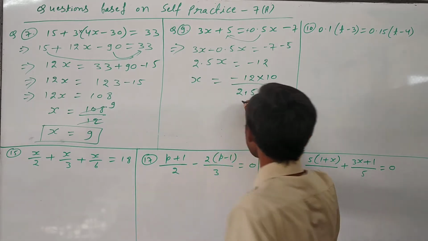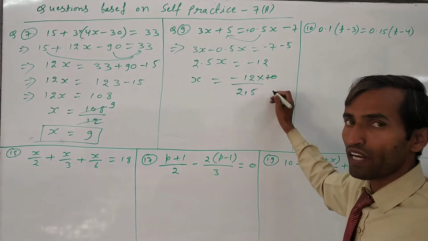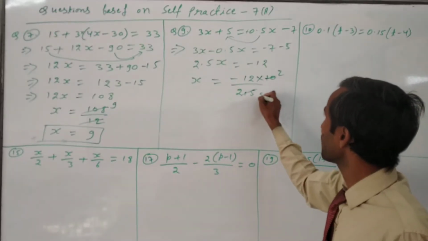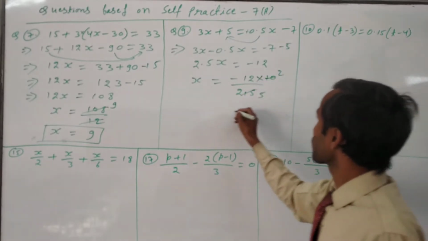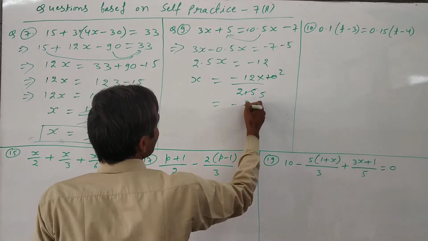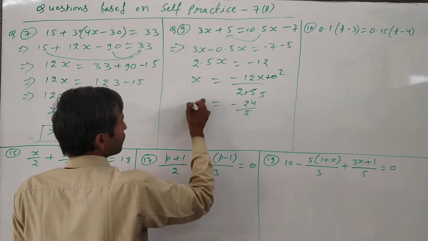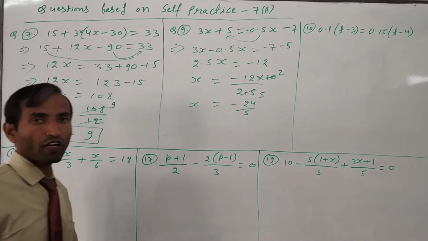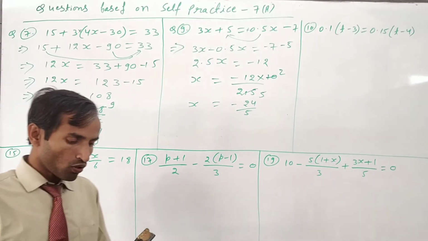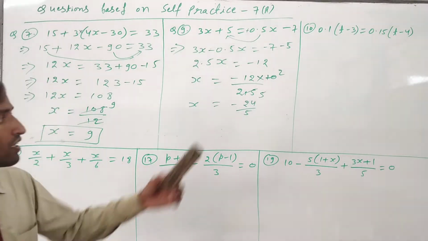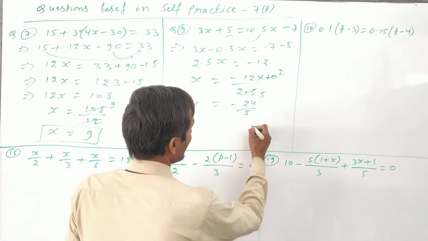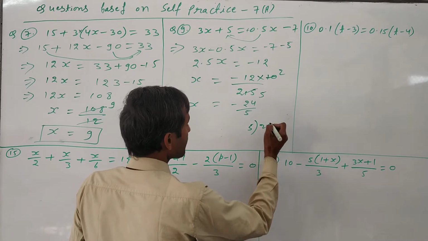Then you can cancel out by 5: 5 twos are 10 and 5 fives are 25. Then multiply, so it comes minus 24 upon 5. So x is equal to minus 24 upon 5. But maybe the answer will be required in decimal, so we can divide 24 by 5.